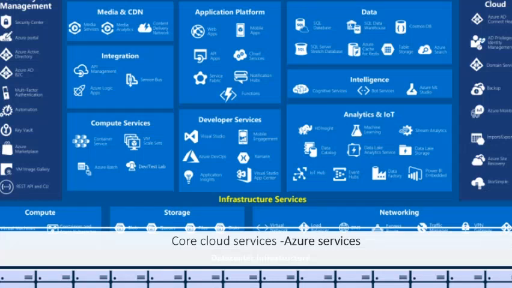IoT Central is a fully managed global IoT software as a service solution that makes it easy to connect, monitor, and manage your IoT assets at scale. Azure IoT Hub is a messaging hub that provides secure communication and monitoring between millions of IoT devices. So just get the difference here, and one of them will be in the question paper.